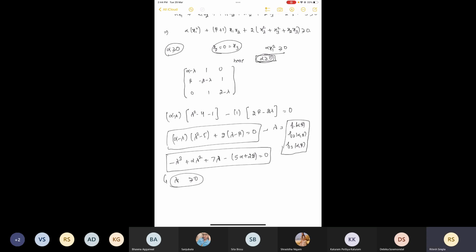I can tell you the condition, sir. Here it will be beta into 2 minus lambda, right? When you took the row with 2 minus lambda, it will be beta into 2 minus lambda. I'm sorry.